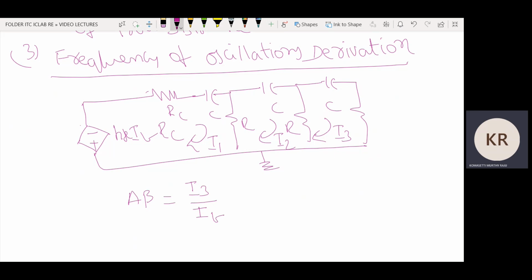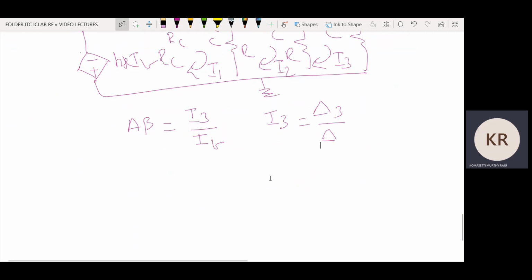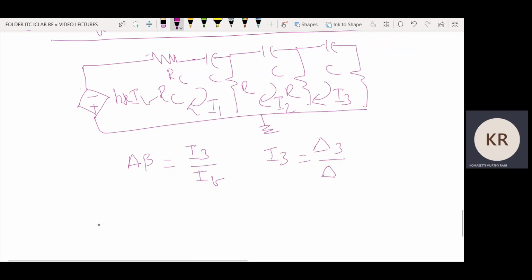I3 by IB. Input current is IB, I already explained. According to Cramer's rule, I3 is equal to delta 3 by delta. Now we have framed three loop currents. Here capacitor is there.